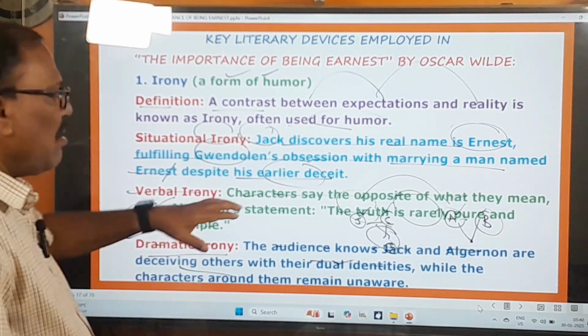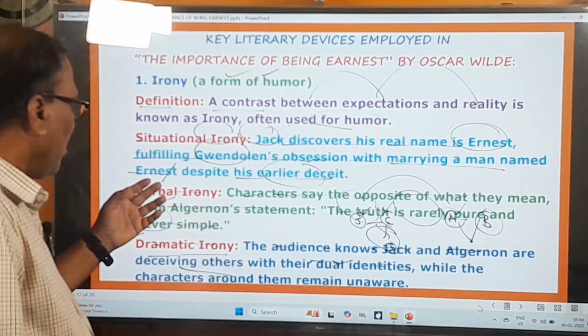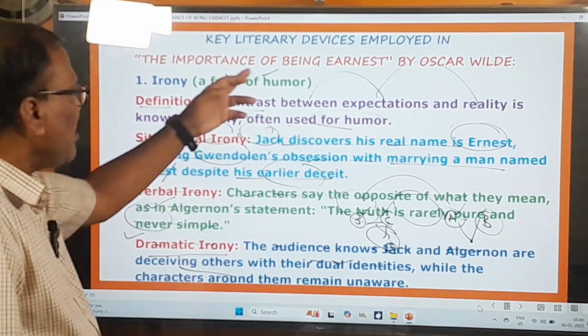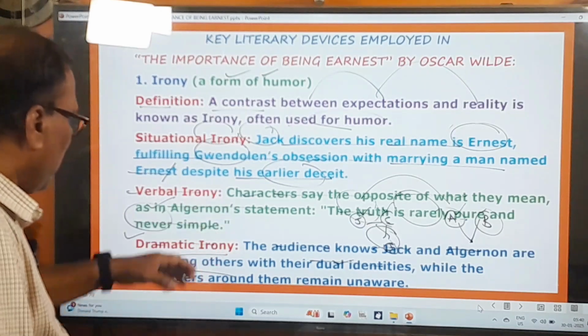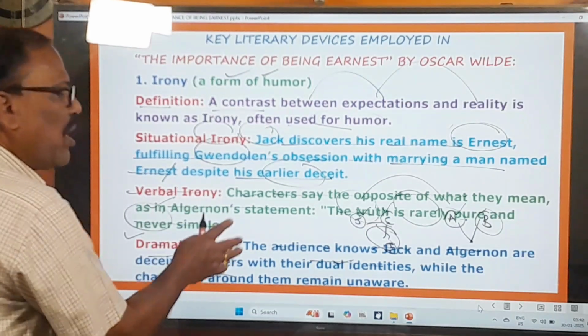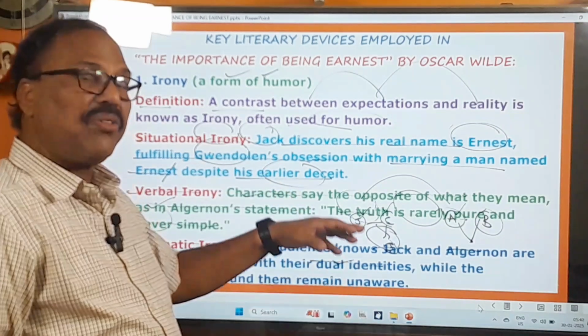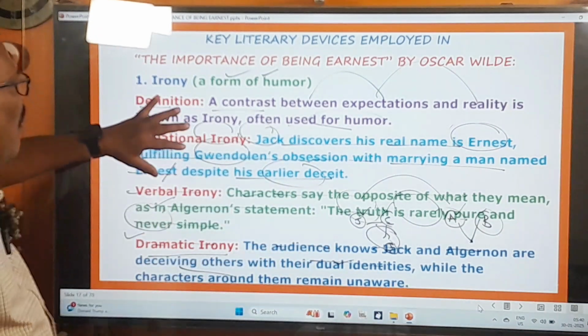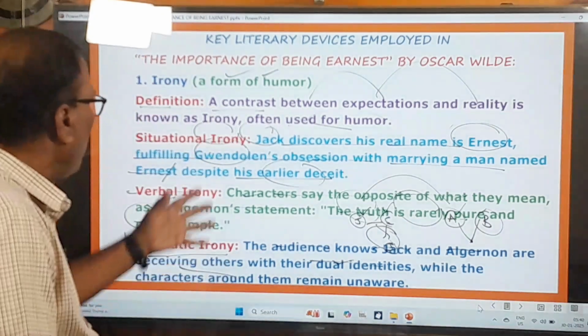So through this beautiful aphorism, this irony is created. Irony means humor. So this verbal humor is created through the words, and dramatic irony means through the action of the characters in the drama. So in that way, three kinds of irony can be found in this drama. This is all about irony.